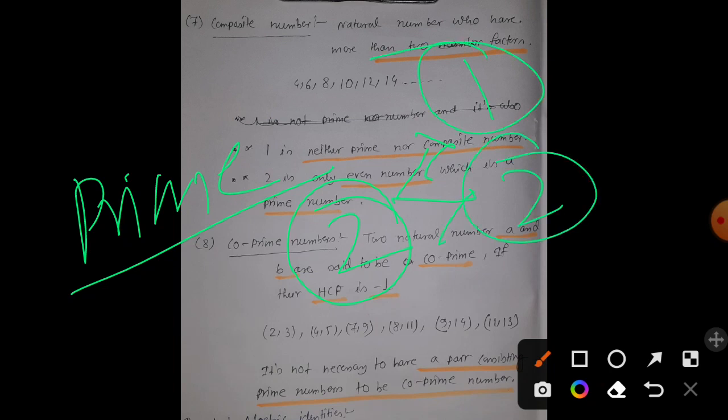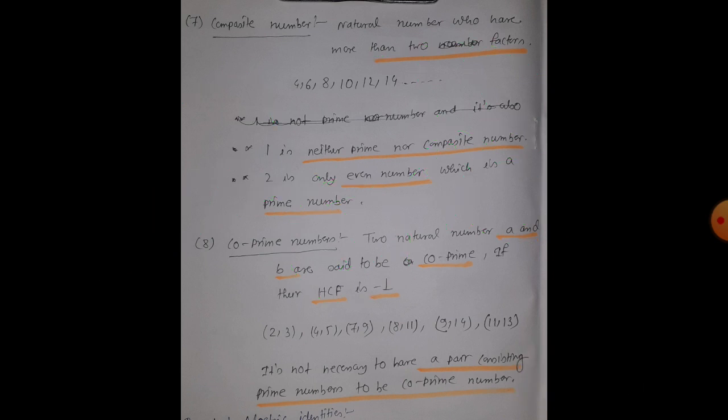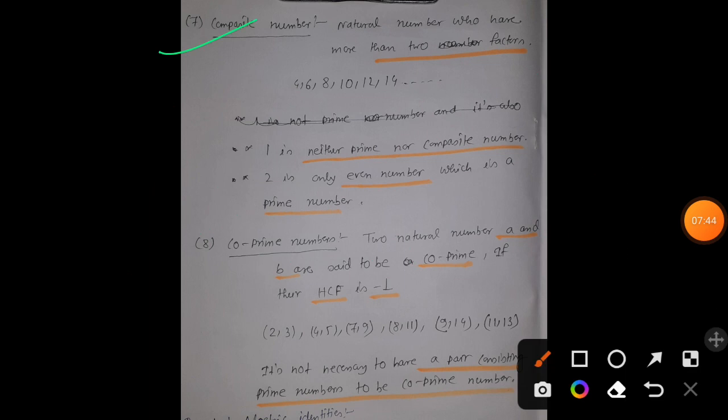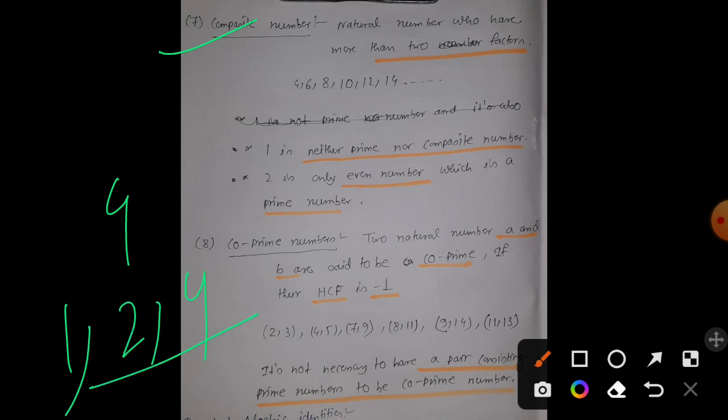And 2 is the only even number that is a prime number. That is another interesting thing. And 0 is also an even number, remember it very carefully. Now a composite number is any number which has more than two factors. For example, 4: 1, 2, 4, it has 3 factors.